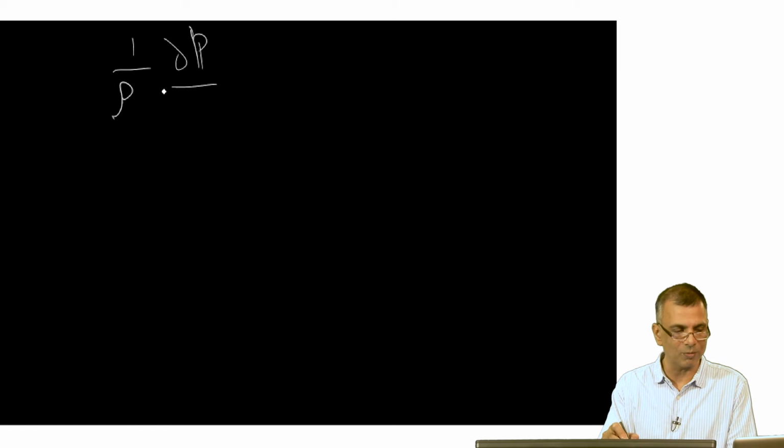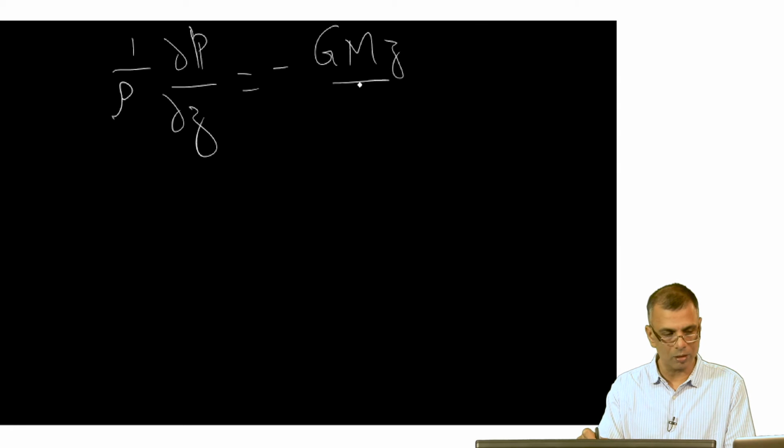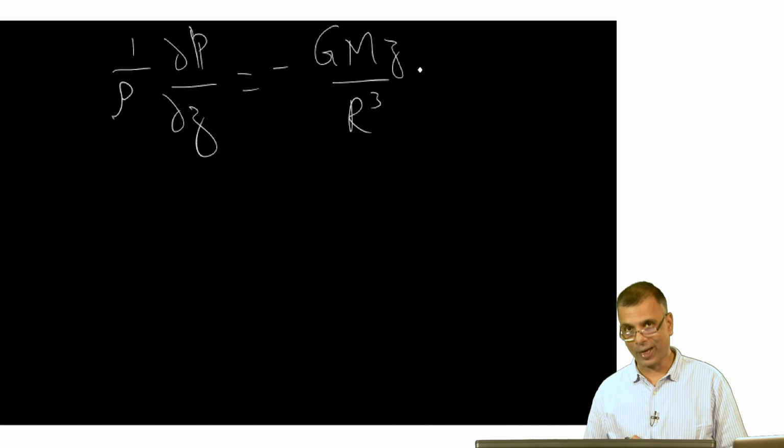So, we have come to a stage where we have written 1 over rho dp dz. Sometimes I write the pressure as a capital P, sometimes as a small p. It is all the same, there is no difference. Now we do a horrible thing, which is also a very practical thing.